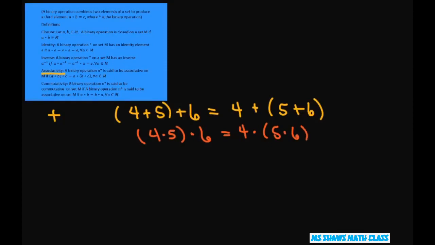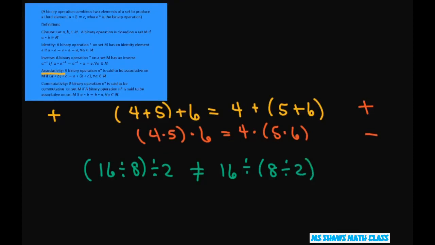So that's under addition. This one's under multiplication. Let's check division. For division, you have (16 divided by 8) divided by 2. That's not going to equal 16 divided by (8 divided by 2). So that means division is not associative.